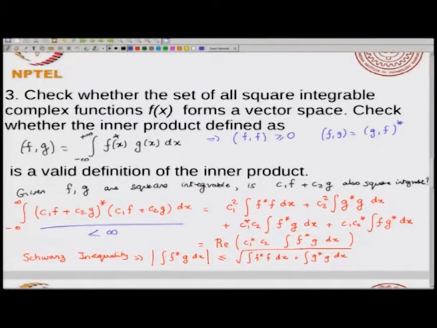Now, I just want to mention one thing, why I chose this complex vector space. The reason I chose it is that this is something called a Hilbert space.